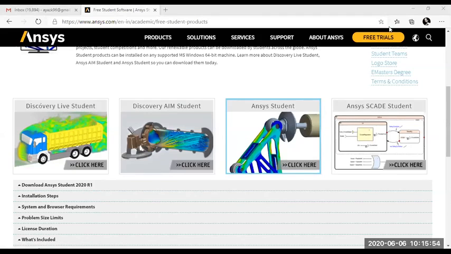Got it, everyone? Yes, its size is not that big, but yeah, it's big because it's Ansys. This is analysis software. That's why it's big.